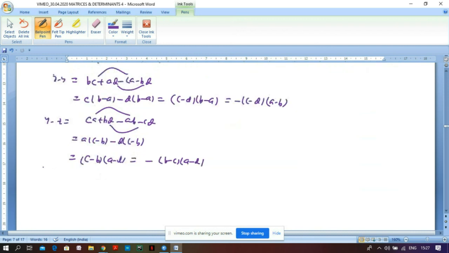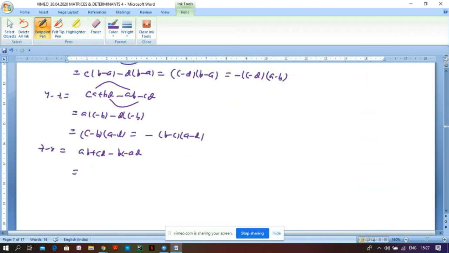And one more, I will write z minus x, and so that is ab plus cd minus bc minus ad. Again, I can combine: b times (a minus c) minus d times (a minus c). That is (b minus d)(a minus c). So I will leave that order.